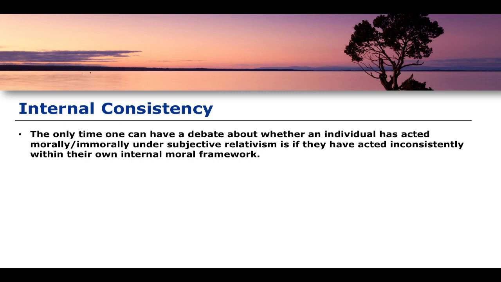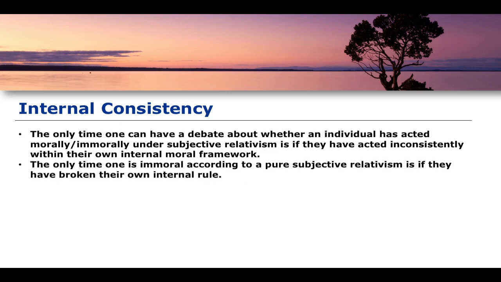So if we know that an individual believes internally that murder is morally wrong, then if they were to go and commit murder, or support somebody being murdered, they are being internally inconsistent with their own foundational relativistic moral perspective. In that regard, you can levy criticism against that individual.